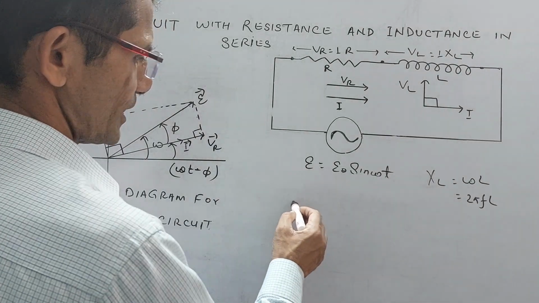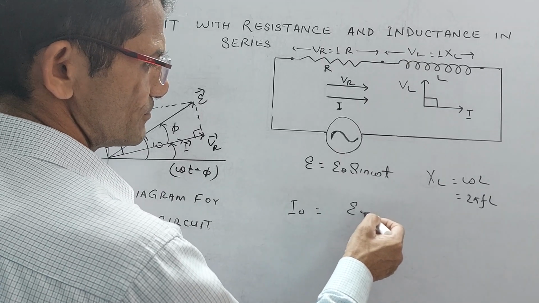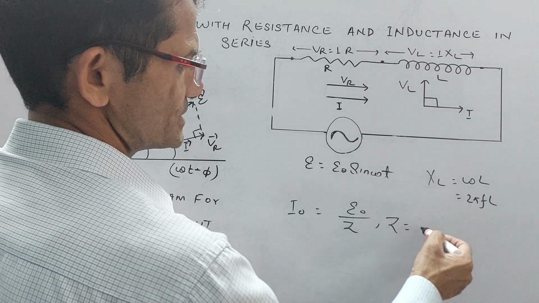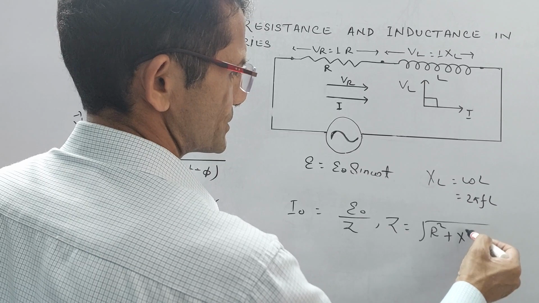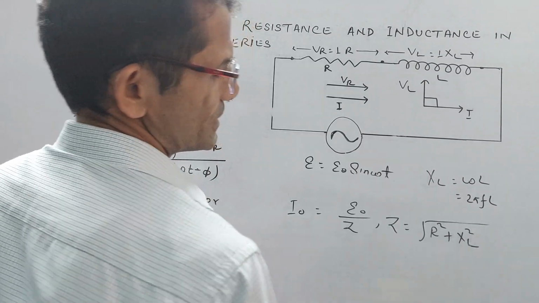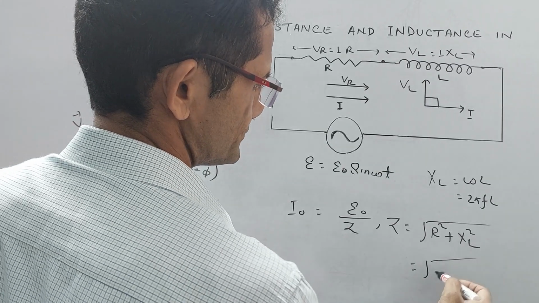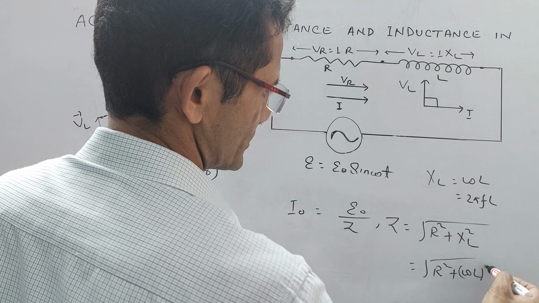Now I got the value in the earlier part. Current amplitude is the voltage amplitude divided by Z, and this Z is known as the impedance, whose value is the square root of R square plus the square of the inductive reactance, and the inductive reactance has the value omega L, so Z is the square root of R square plus omega L whole square.